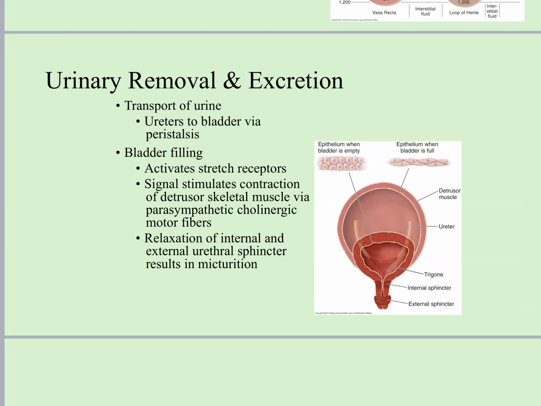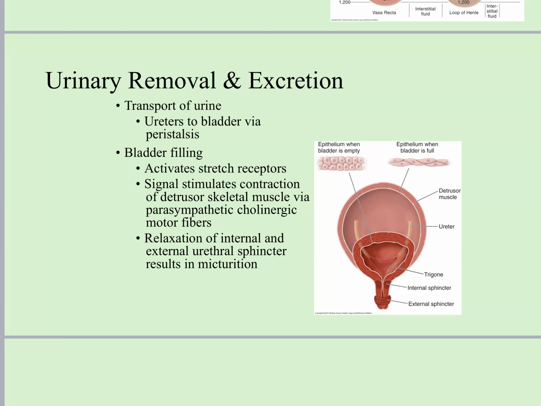So after it goes through the ureter to the bladder, the bladder fills up and it activates what are called stretch receptors. That's when people get that whole have-to-go sensation. That signal stimulates contraction of the detrusor muscle via parasympathetic cholinergic motor fibers.